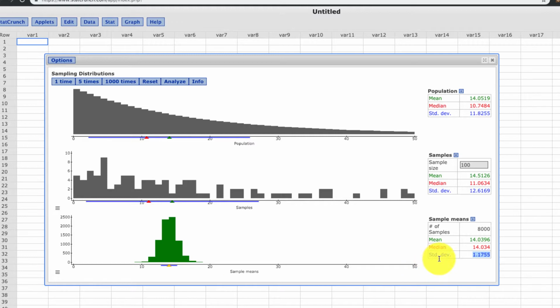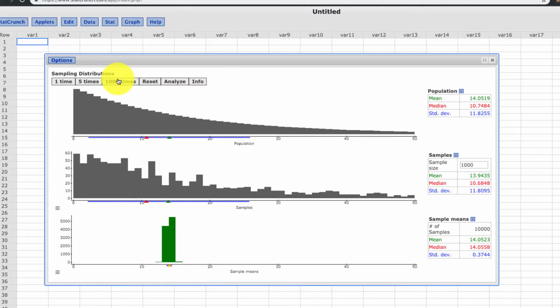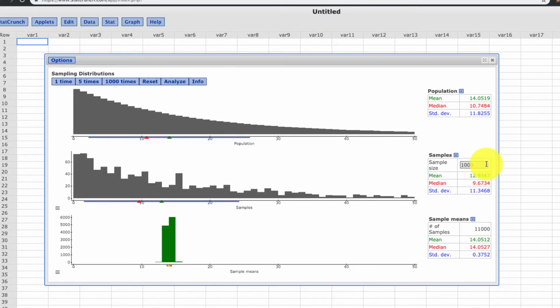And so that spread is getting smaller the larger my sample size. Okay, so notice that relationship. So if I went up to a sample of 1,000, check out, it's going to get really thin. See, look how thin it is now, right? So the larger your sample size, the less spread out your sampling distribution is. But again, it has roughly the same center.